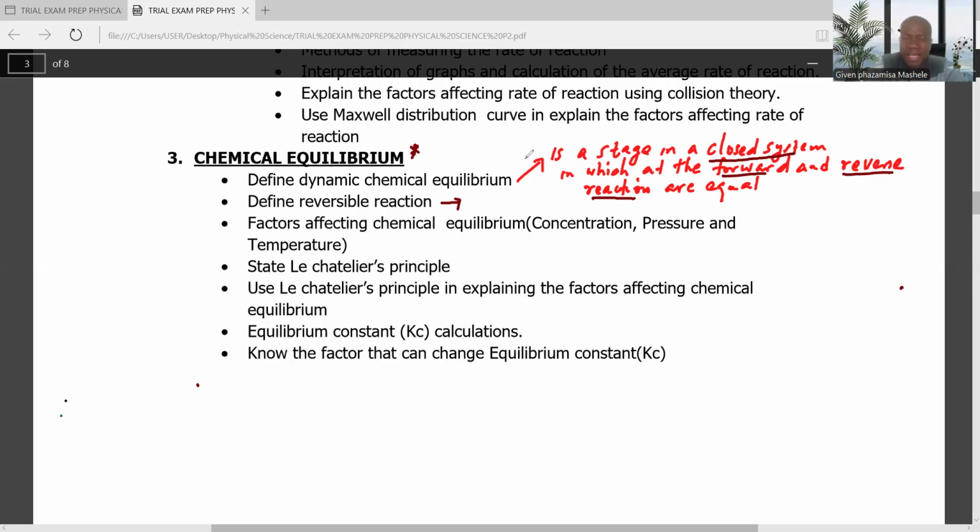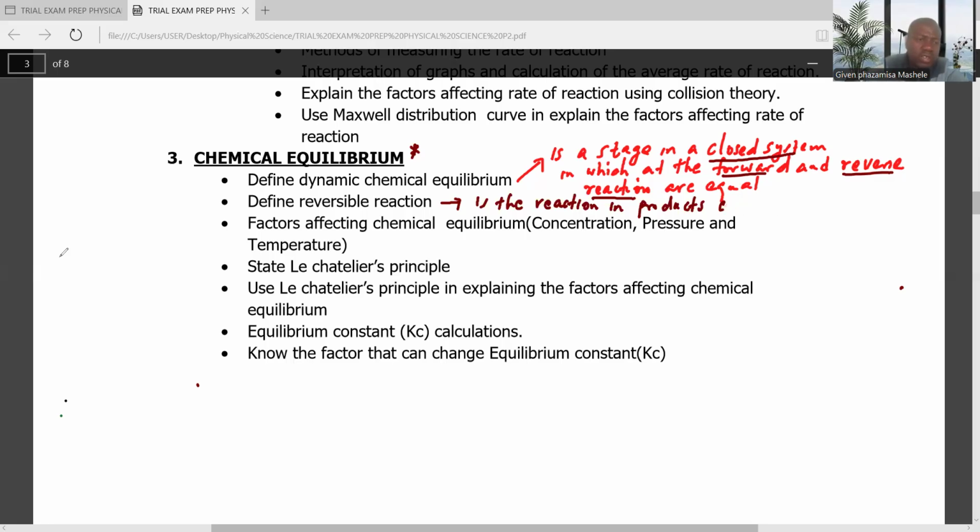Right? What do you mean by a reversible reaction? A reversible reaction is a reaction in which products can be converted back to the reactants.